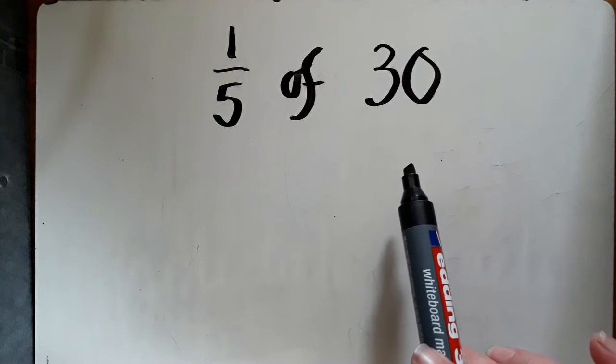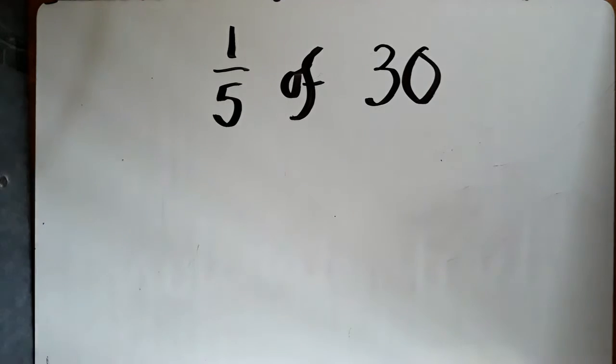I'm going to use the bar model first to show you what's happening, and then the quick division afterwards, but there is a warning there for avoiding making a mistake. So I'm going to draw the bar model and show you.